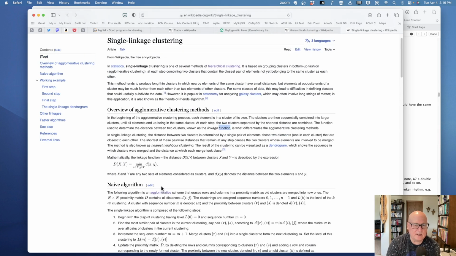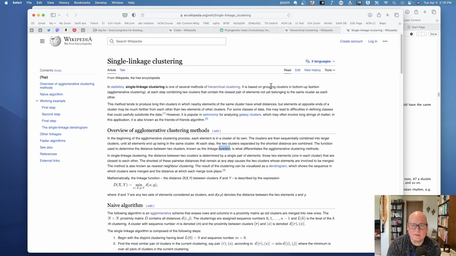But that's okay. I don't know what makes it single linkage. Okay. Group clusters bottom up. Combine two clusters, the closest pair not belonging to the same cluster as each other. All right. Produces long, thin clusters with small distances, and opposite ends have much further. So this could lead to difficulties. Okay. Pop in astronomy.